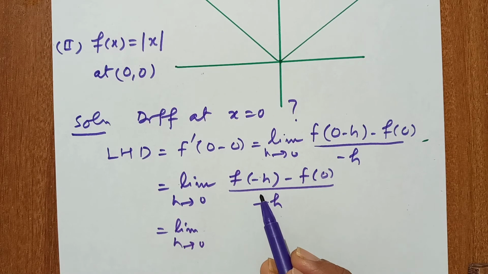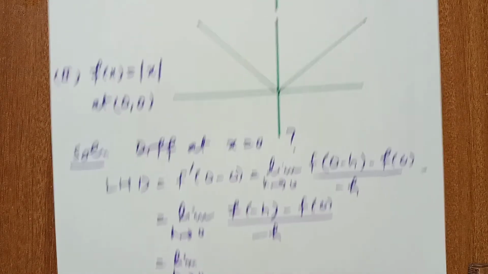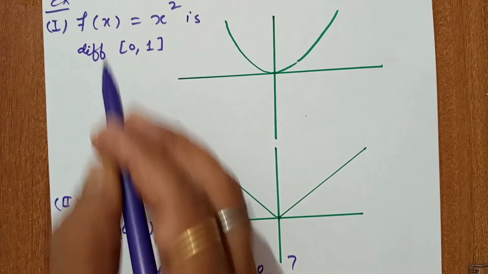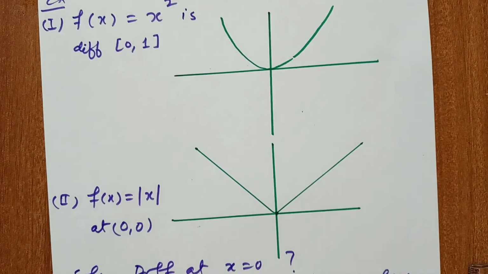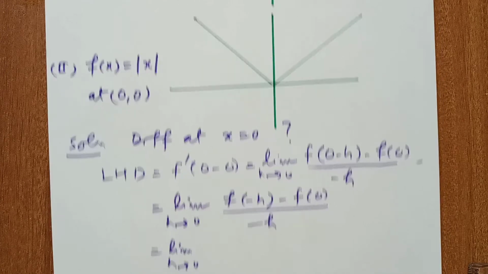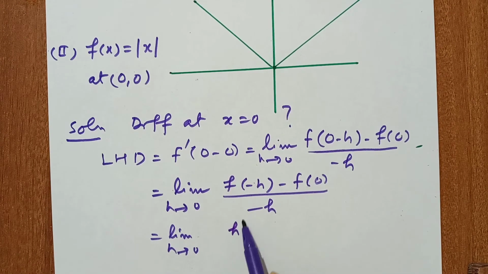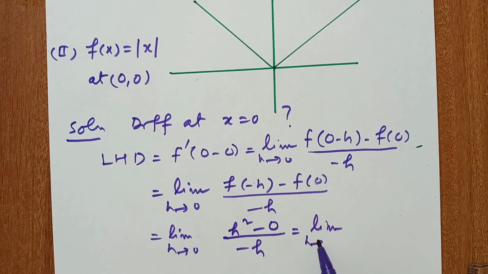What is f(-h)? Since f(x) = x square, f(-h) = (-h) square = h square. So this is h square - 0 upon -h, h cancels, so limit h tends to 0 of -h, and on taking the limit this is equal to 0.